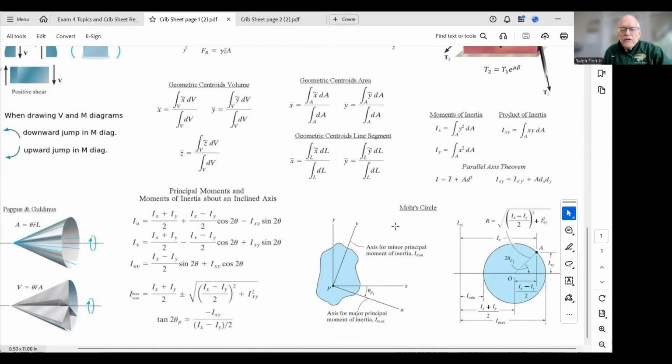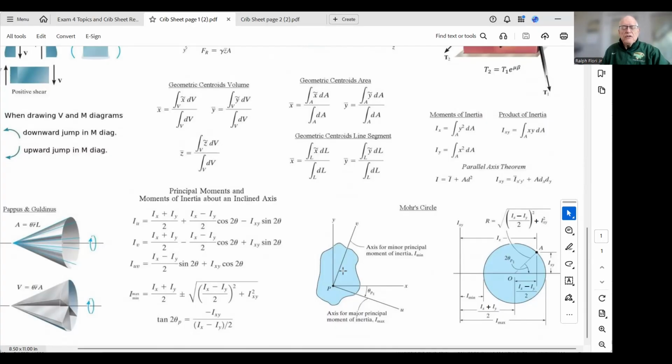Also for Mohr circle, Hibbeler gives you this picture. This is actually an important picture because it's not uncommon on one of our exams, since they're multiple choice, to have an area with multiple axes through it, and it asks which one of these is I min or which is I max? Well, the I min axis is the one that passes most closely through the middle of the area.